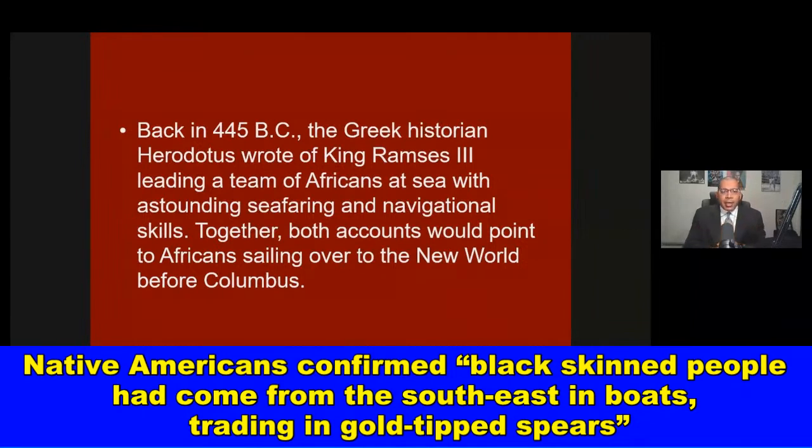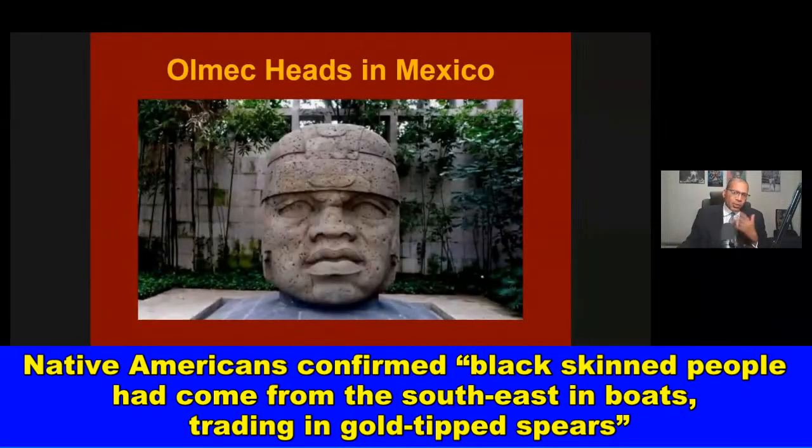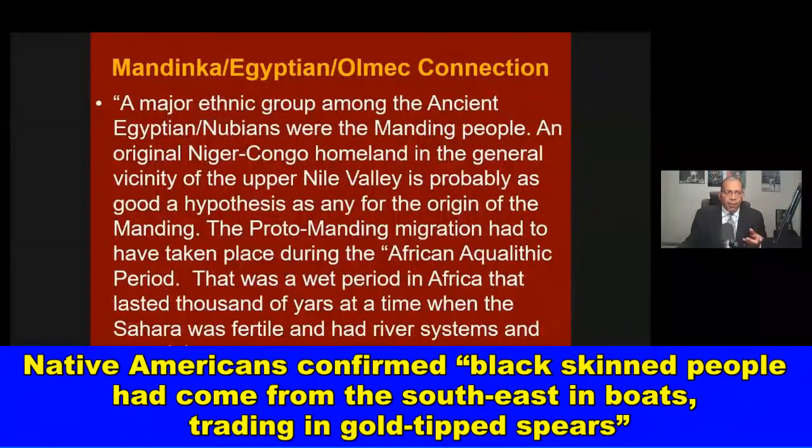Together, both accounts would point to Africans sailing over to the New World before Columbus. So we deal with the Olmec heads in Mexico, in Central America, and who were the Olmecs.